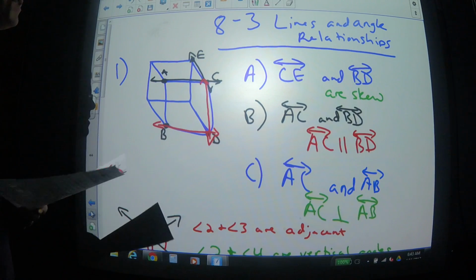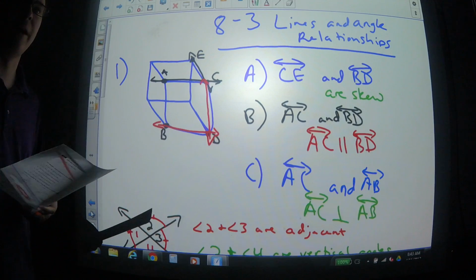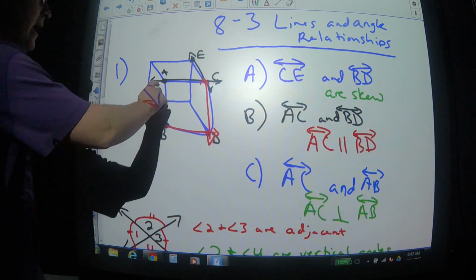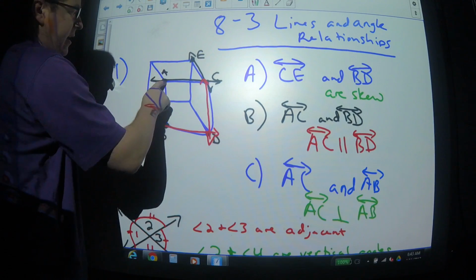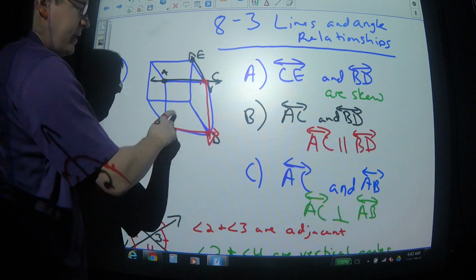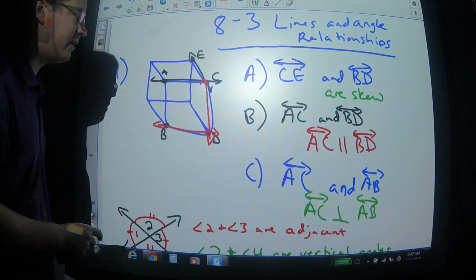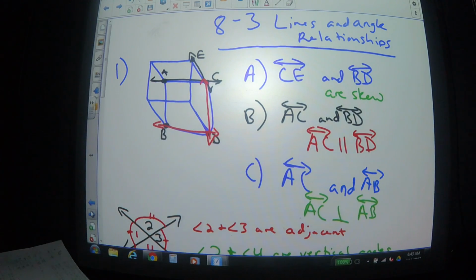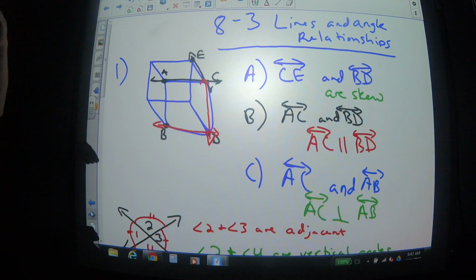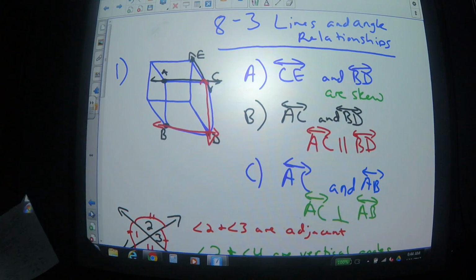Whereas the last one is that you have two lines that are parallel. Okay? So AC and BD are parallel, CE and this line here are parallel, AB and CD are parallel. There are two lines that are in the same plane that are never going to touch.